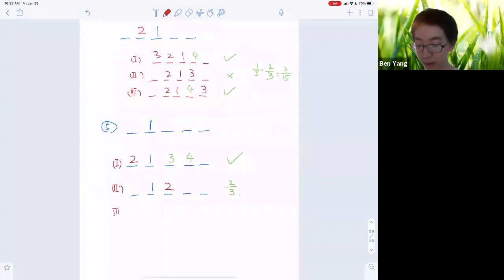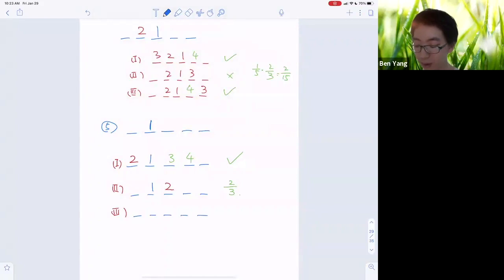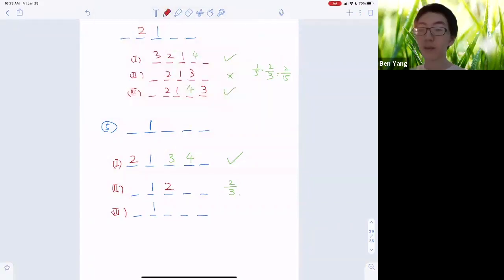Okay, third case. The second person might take the seat number 4. And that's bad, right? Because the fourth person's seat has been taken. So it's not going to work.